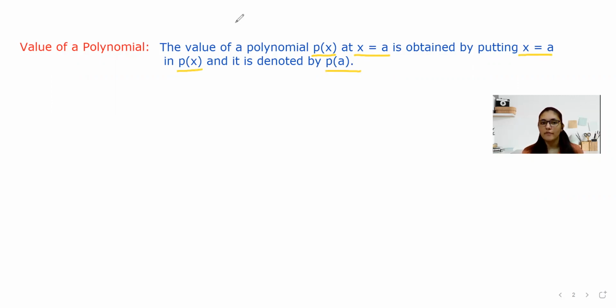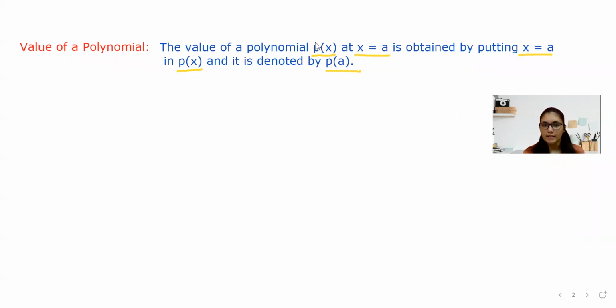So you just have to replace x with the value of x, that is a, and you will get a new value, denoted by p(a). So p(a) is the value of polynomial p(x) at x equals a.